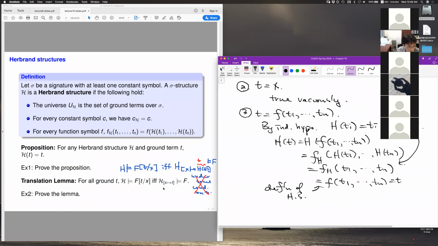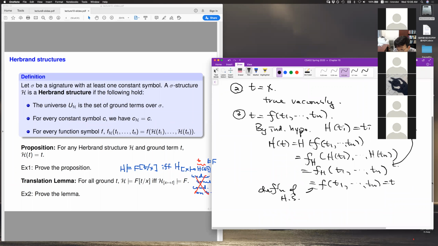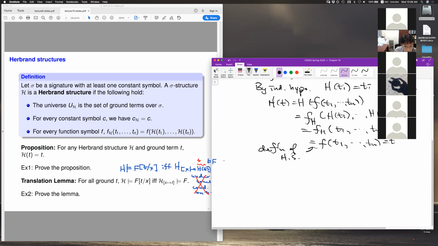And now for the second one, the translation lemma, we can actually just use the most general translation lemma. Because T is a ground term, it doesn't contain any free variable.